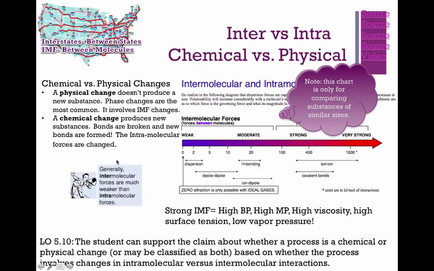So intermolecular forces, which are the ones between molecules, are much weaker than intra, which is like ionic bonds and covalent bonds. And so then this graph or this chart actually shows the strength of bonds, so you can see the difference between all of the strengths. So strong IMFs mean you have high boiling point, high melting point, high viscosity, pretty high surface tension, and low vapor pressure.